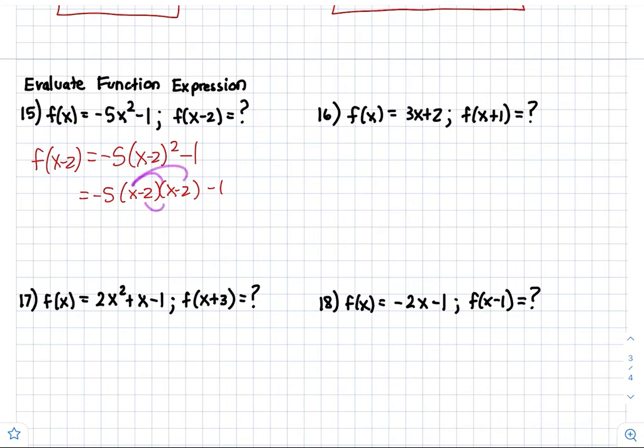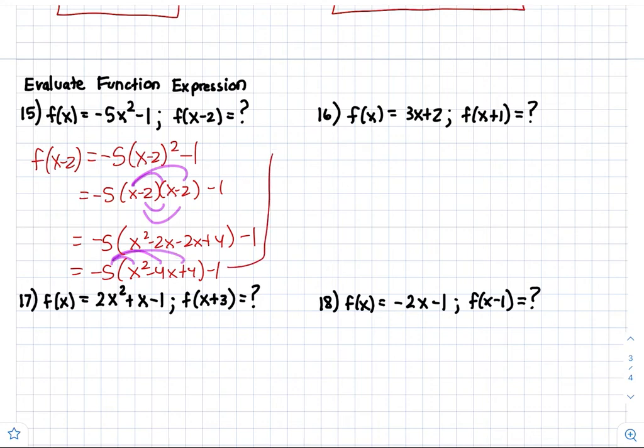So we have to multiply and distribute. Negative 5 times x squared minus 2x minus 2x plus 4, minus 1. Negative 5 times x squared minus 4x plus 4, minus 1. Now we have to distribute this negative 5 to all.